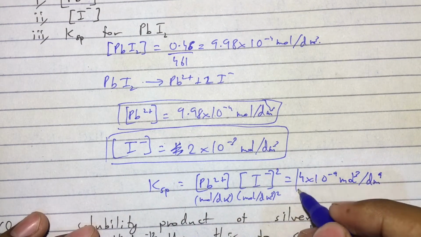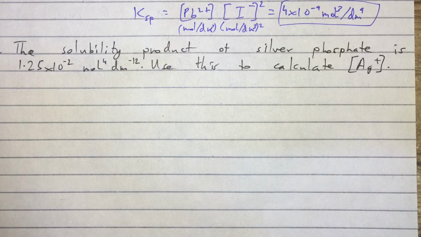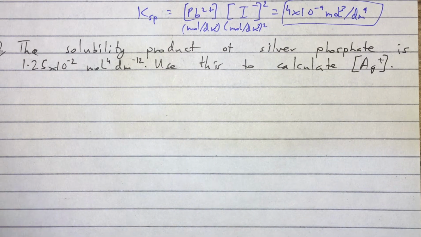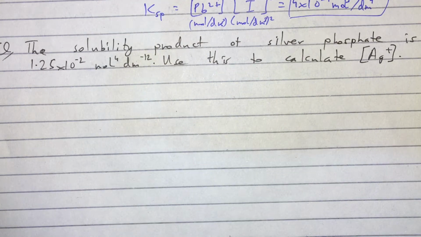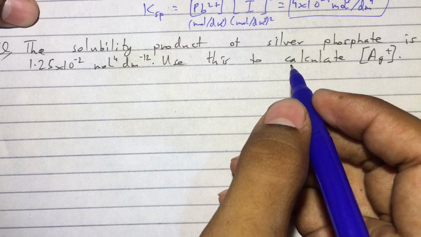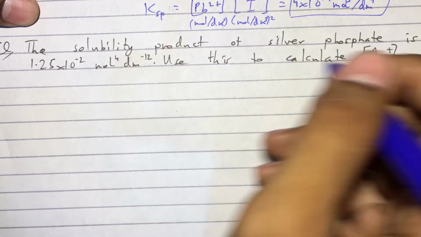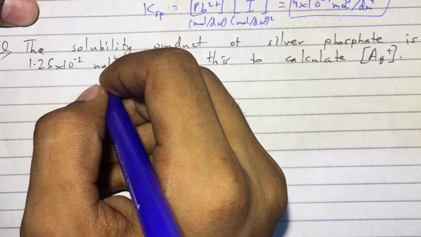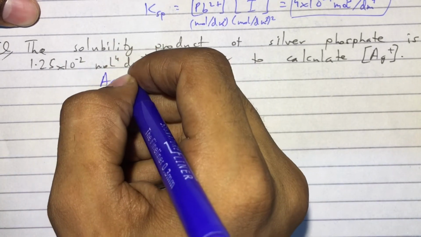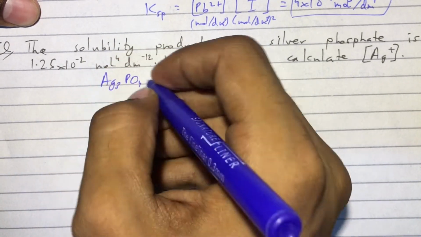I hope it's clear. Solubility product of silver phosphate is given. Use this to calculate the concentration of Ag+. Okay, so basically we have silver phosphate, that is Ag3PO4.